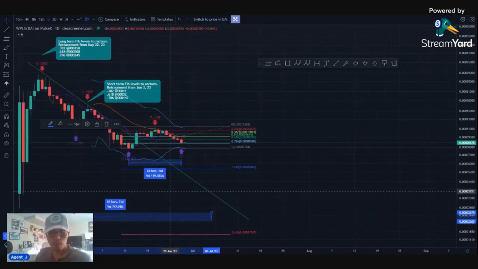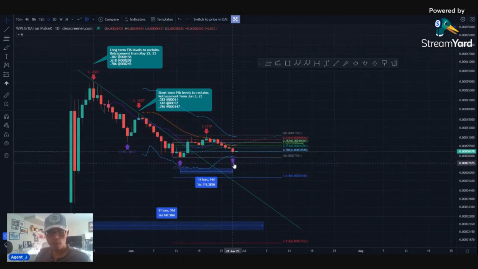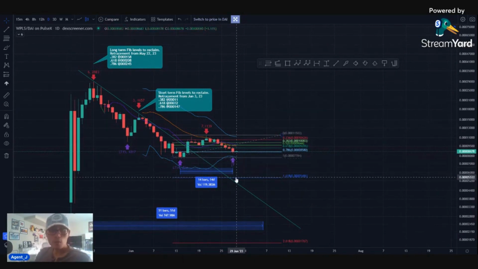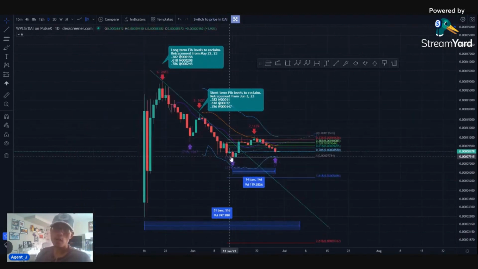If you notice, since we have reclaimed this medium-term trend line here, if price were to come down below that point, that 4 zeros and a 7.7, price is also going to use this long-term trend line, which acted as resistance. It's now going to use that as support.